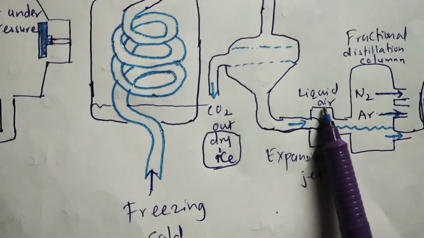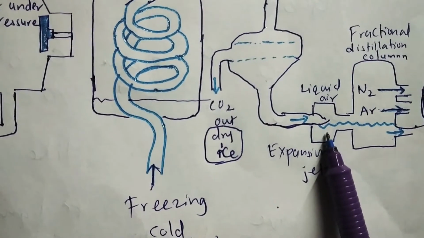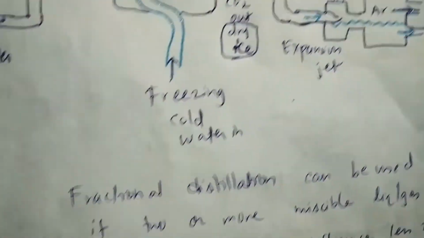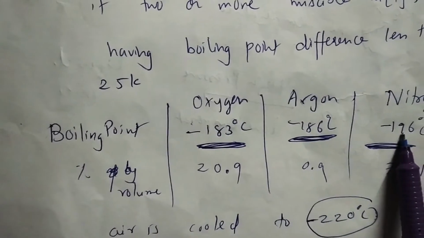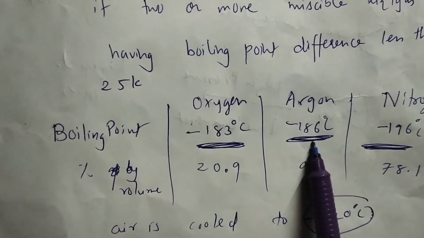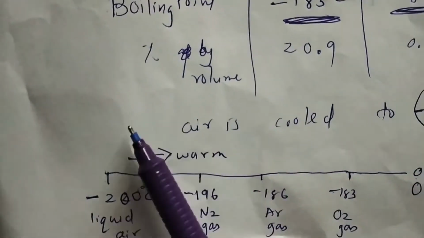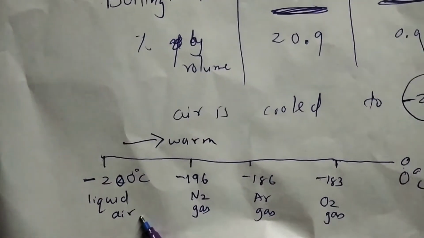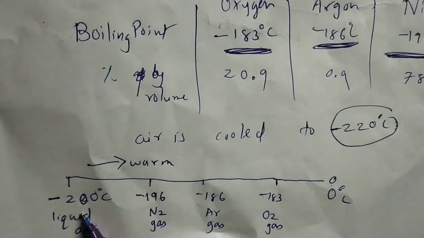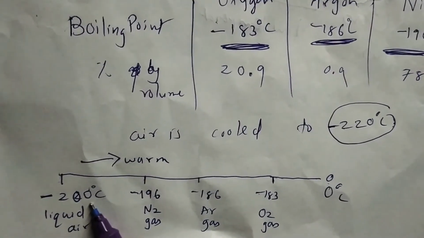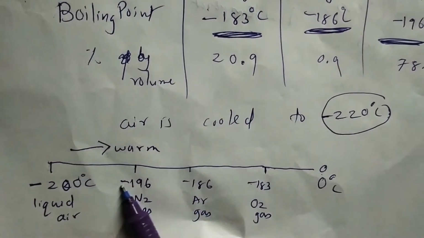Now what happened? The air is liquid, containing nitrogen, argon and oxygen. Now let's see the boiling points: -183, -186, -196. So dear students, if the air is liquid at -200 degree centigrade, we are increasing the temperature.